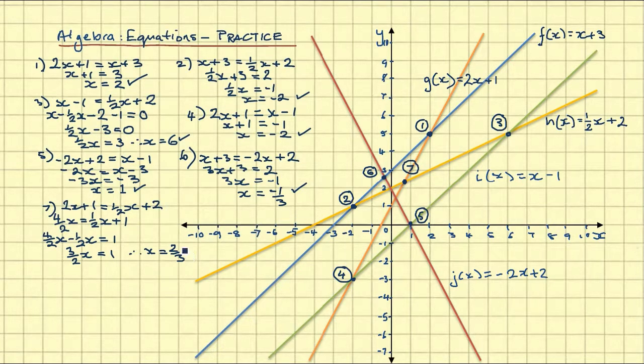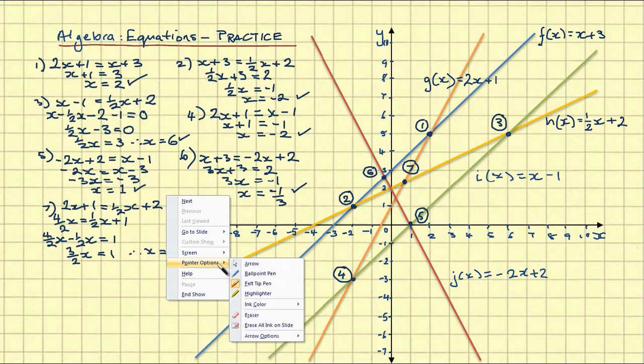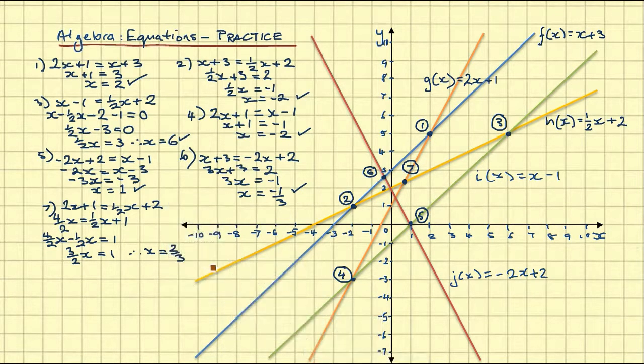So that's problem number 7 dealt with, but let's just check. So 2 times 2/3 gives us 4/3. I might just write this out because the fractions are getting a little bit complicated here and we don't want to get lost. So let's see.